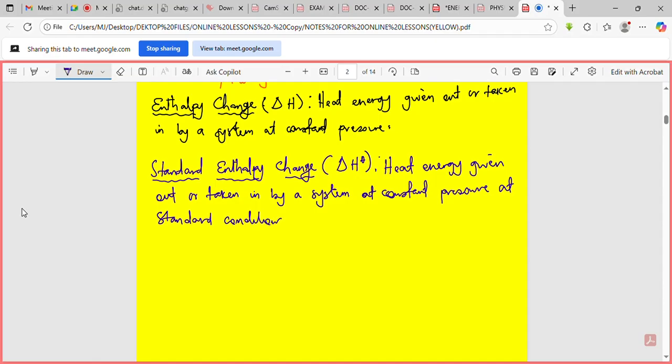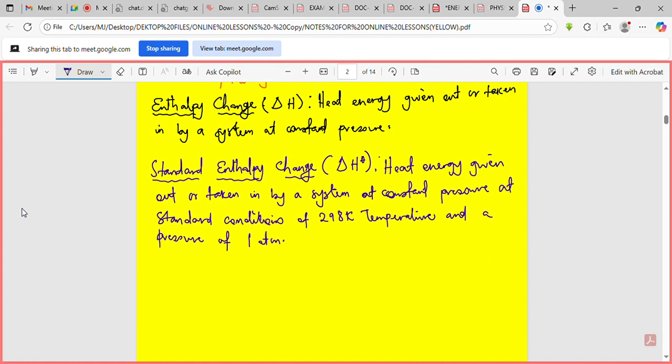So at standard conditions of 298 Kelvin temperature and a pressure of 1 atmosphere.